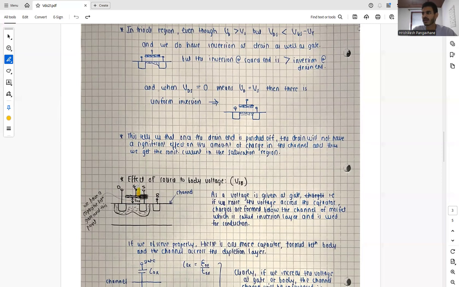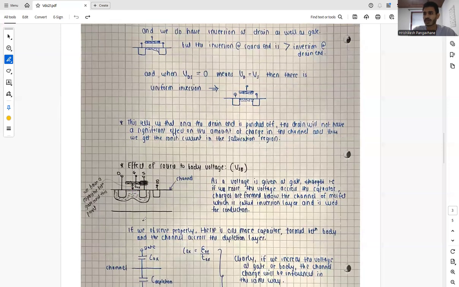If we raise the voltage across the capacitor by increasing the voltage at the gate, charges are formed below the gate over here, which is our inversion layer, and it is used for conduction of current.